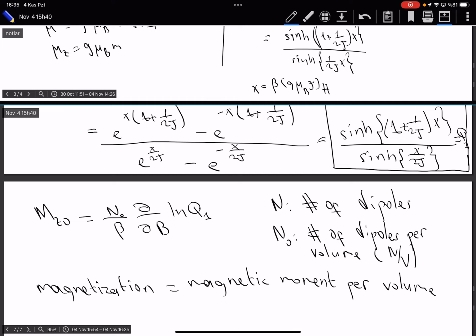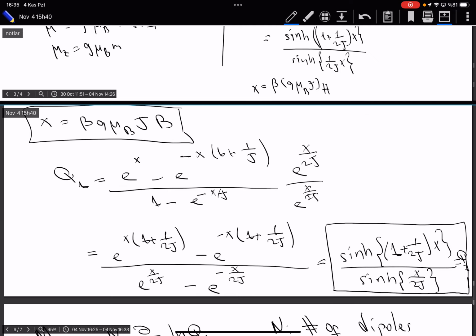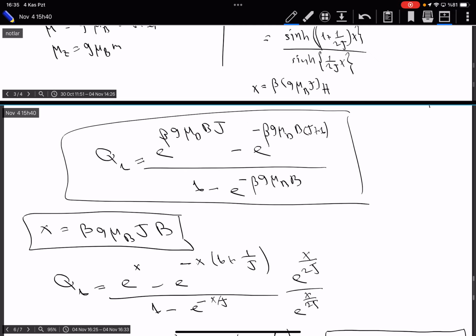Yes, the derivations will be more or less straightforward. Again, we will basically do the same thing. We will take the derivatives to calculate the magnetization and magnetic susceptibility. We will look at the low temperature and the high temperature limit. Well, the limits will be slightly different because you see here, this is what we call X. Before, what we had was beta mu b.